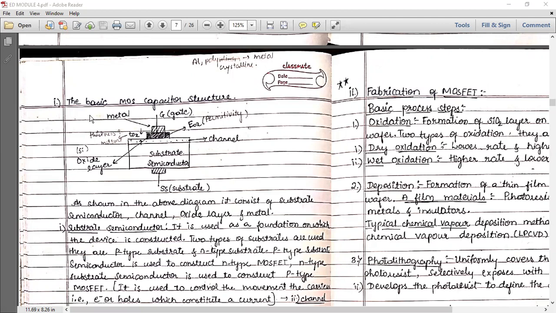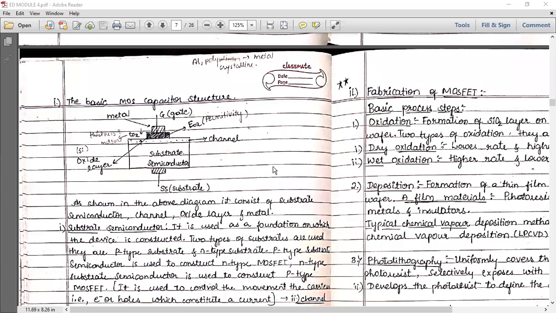So now we will start with the basic MOS capacitor structure. What is the importance of this basic MOS capacitor structure? Look at this diagram here.